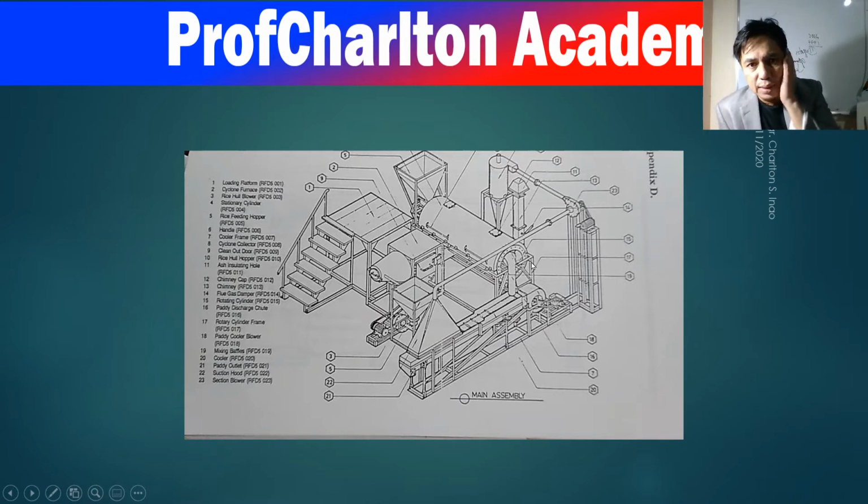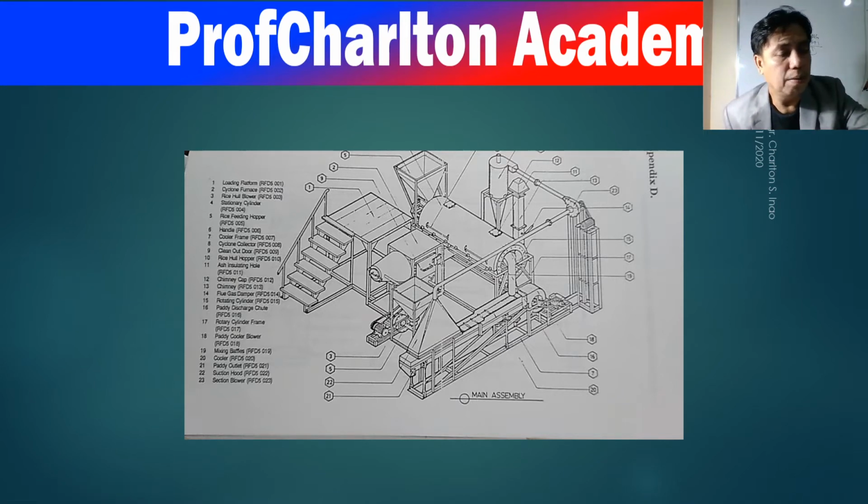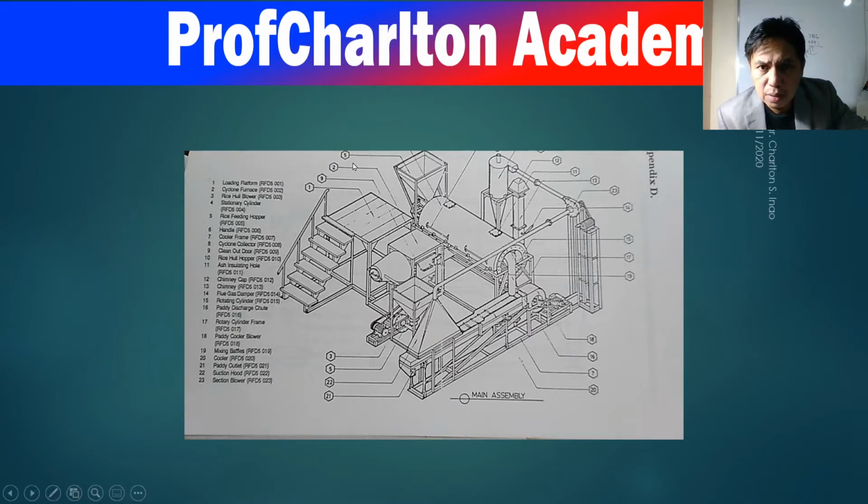What is important is the feeding place, which is the hopper, number 9, if you can see. This is the chute or hopper. Then here is the rotary dryer, the drum.